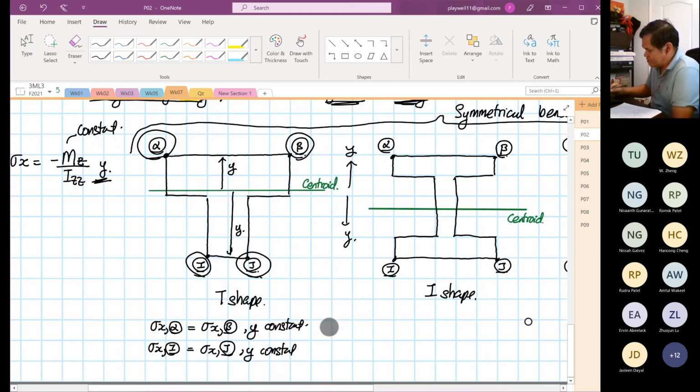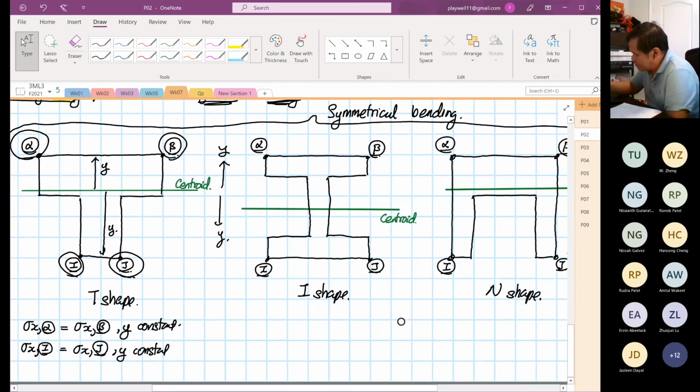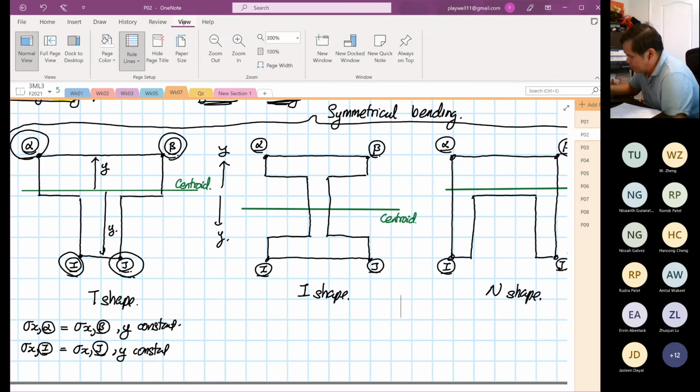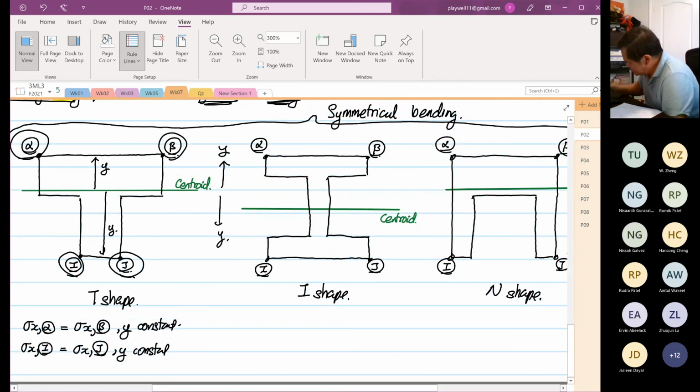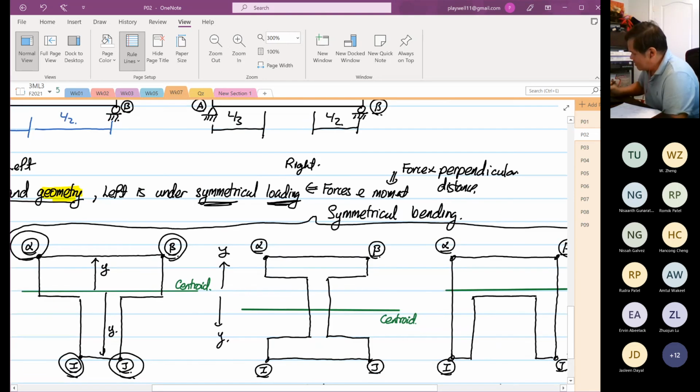So the conclusion is this. The symmetry bending, let me write down, then we go for a break. The symmetrical bending is based on stress magnitude. Nothing to do with symmetrical loading.